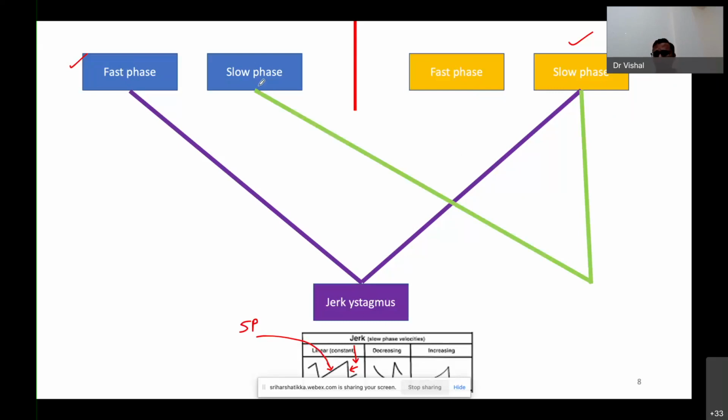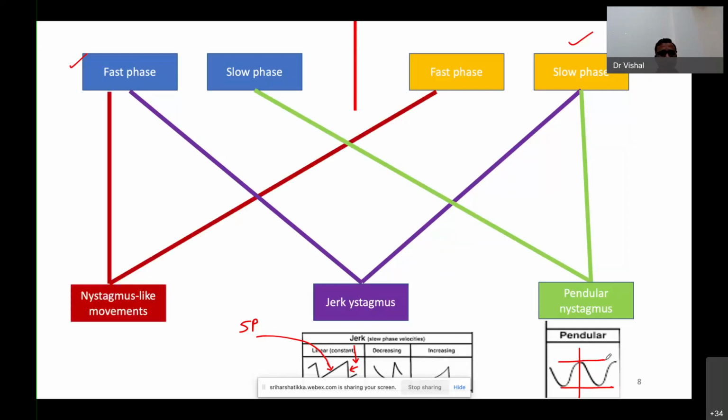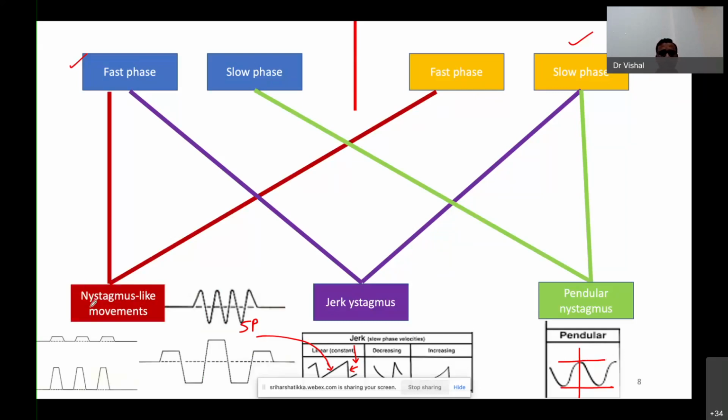Now, if there are two slow phases in the nystagmus, it is called a pendular variety of nystagmus, where both phases are of equal amplitude and equal velocity. And there are varieties of nystagmus-like movements, like microsaccadic oscillations, square wave jerks, and ocular flutter.